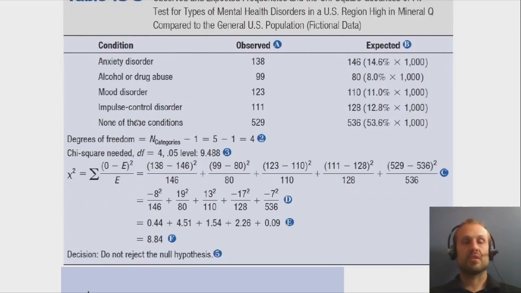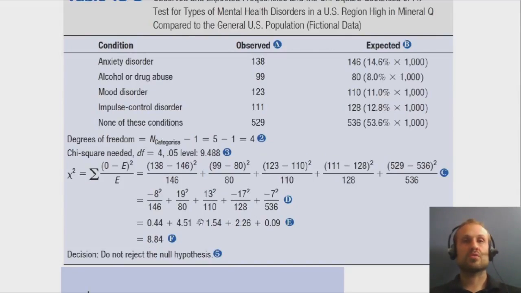I have 5 categories again, so my degrees of freedom will be 4. My chi-squared value, I calculate the difference between observed and expected, square it, divide by the expected value, the expected number, and add them up. And I get an observed chi-squared score of 8.84.